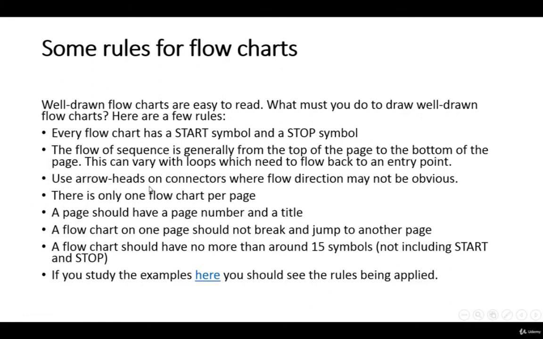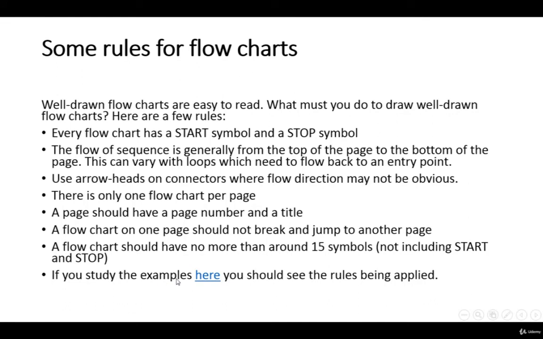Use arrowheads on connectors where flow direction may not be obvious. There is only one flowchart per page. A page should have a page number and a title. A flowchart on a page should not break and jump to another page. A flowchart should have no more than around 15 symbols, not including start and stop.